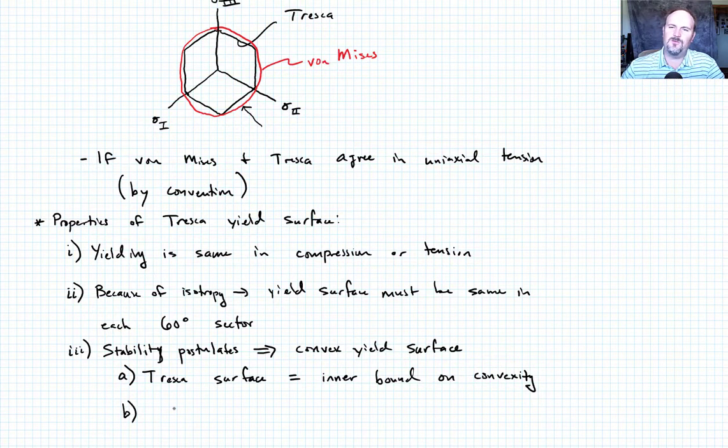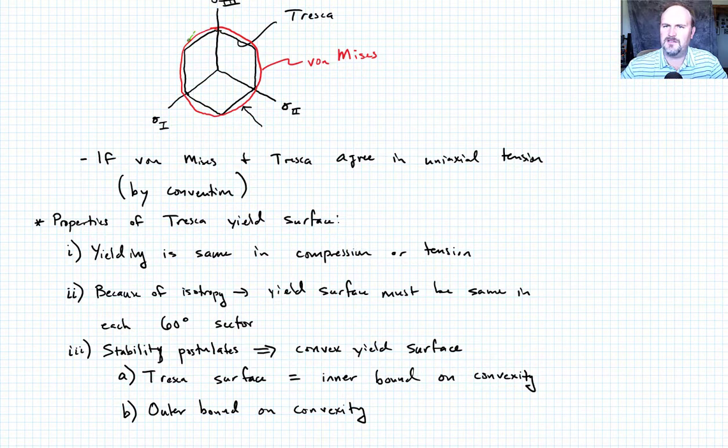We might also ask, what's the outer bound? So we can define an outer bound on convexity. Okay, and I'll draw that up here with a green. The outer bound on convexity looks something like this.